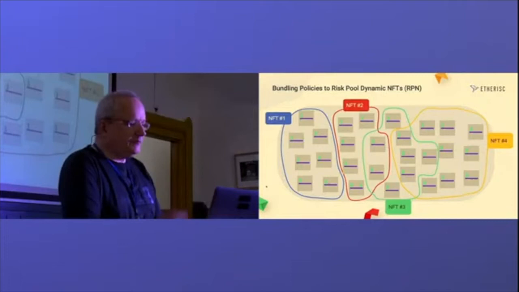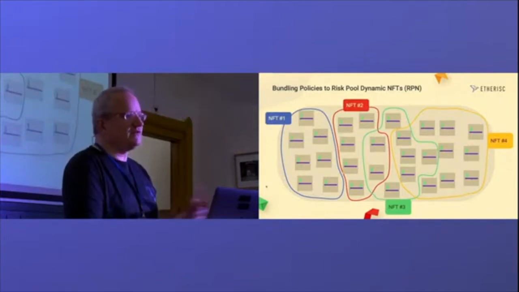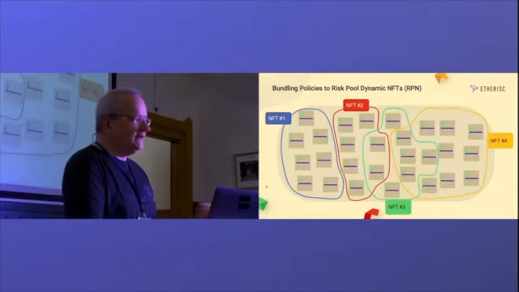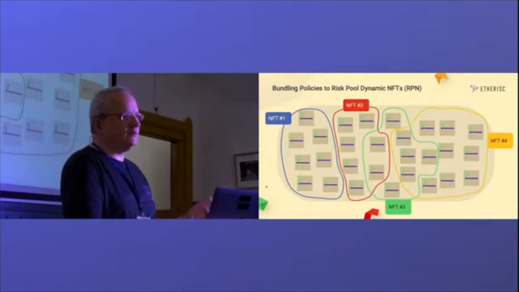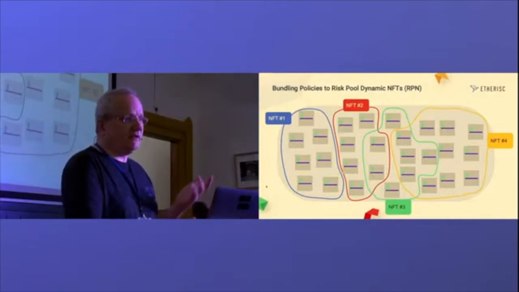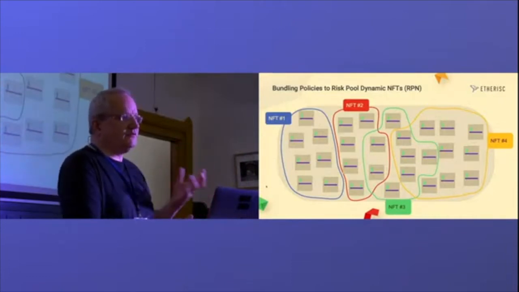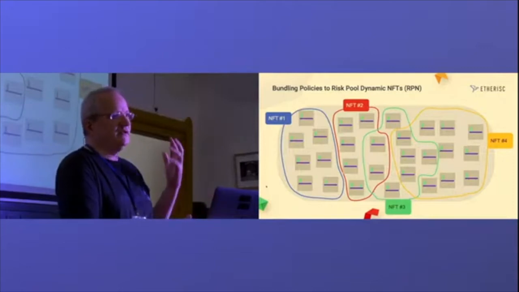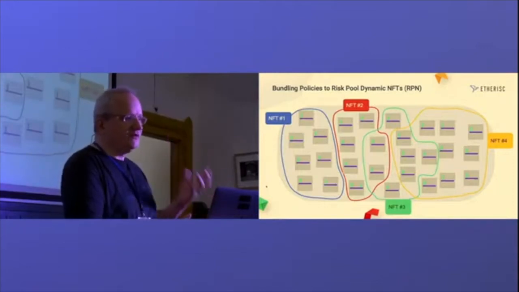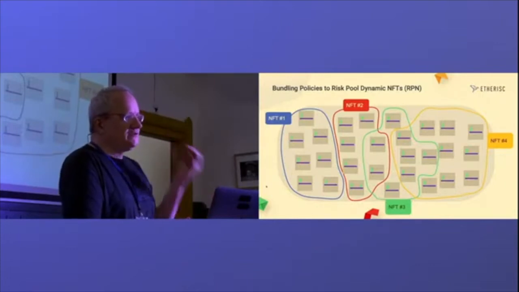So we bundle these policies into certain bags, and each bag is represented by an NFT. An NFT is a non-fungible token, a very versatile instrument on blockchain, where you can link a specific asset, a specific data set, or a certain set of policies to one specific token, and this token is represented by a standard, and the standard makes it very easy to handle.